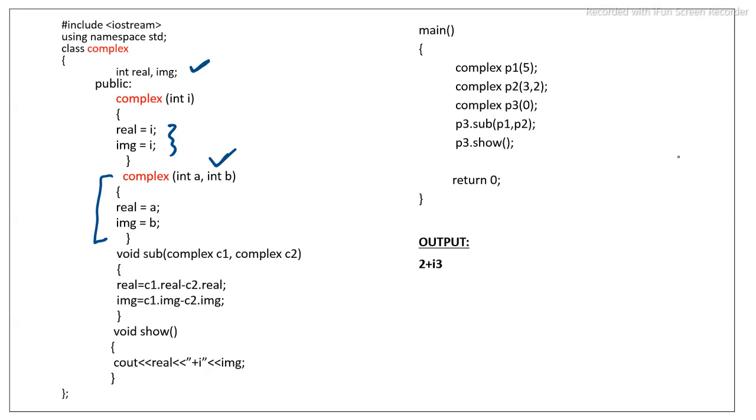One function we have taken is the subtraction function, because we are doing the subtraction of two complex numbers here. So we have taken a member function, void sub.